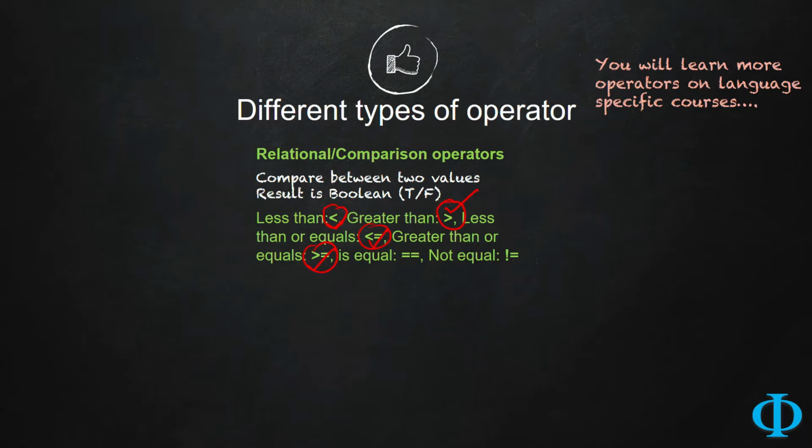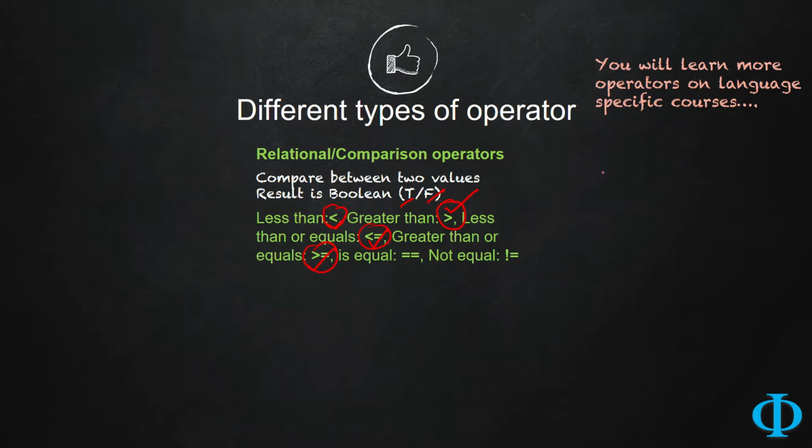If the usual meaning holds true, then they return true. And if the usual meaning does not hold true, then they return false. A simple example can clarify the concept.